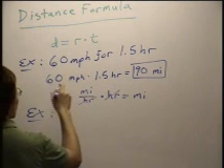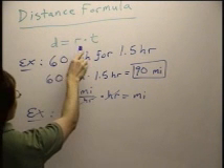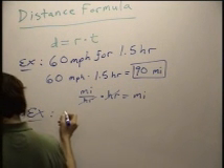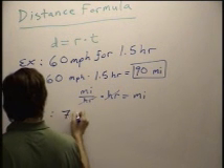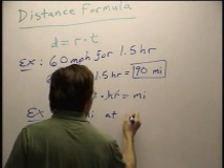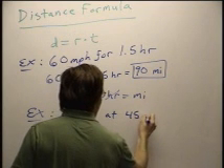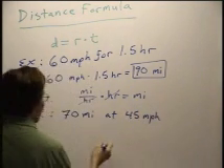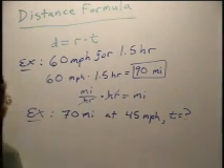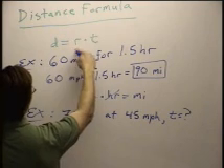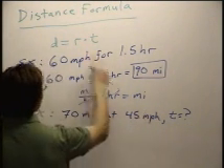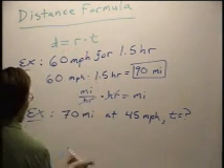We can also use the distance formula not only to calculate the distance, but to calculate the rate or the time. So, if we travel 70 miles at a rate of 45 miles per hour, and we want to find out the time, then instead of substituting the rate and the time into the formula to get the distance, now we substitute the distance and the rate into the formula, and let's see what happens.